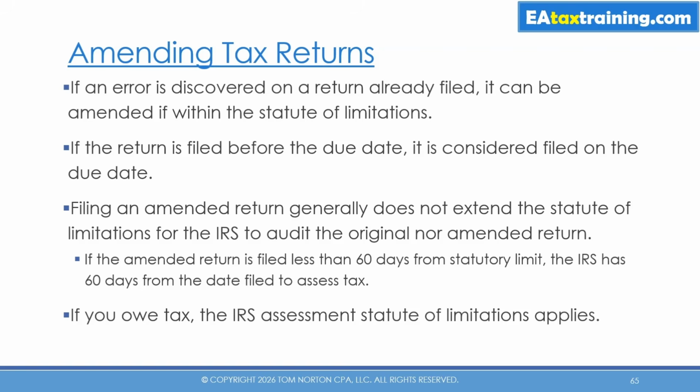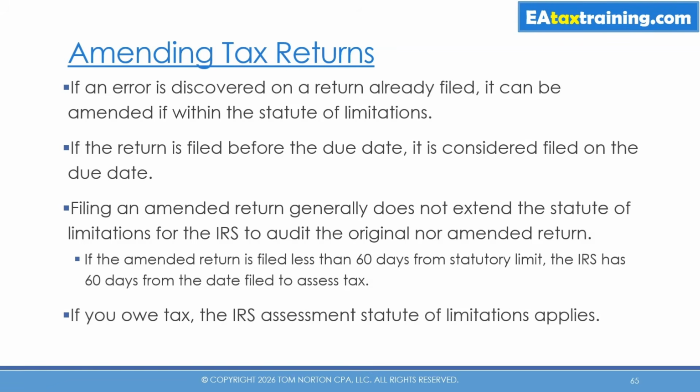They have until April 18th of 2026, even though you just amended it in January 2026. It's brand new to the IRS. They haven't seen this before January 2026. Still, they only have until April 18th in order to audit that return and/or the original return.